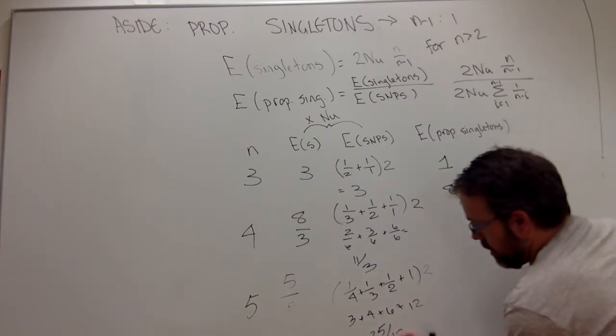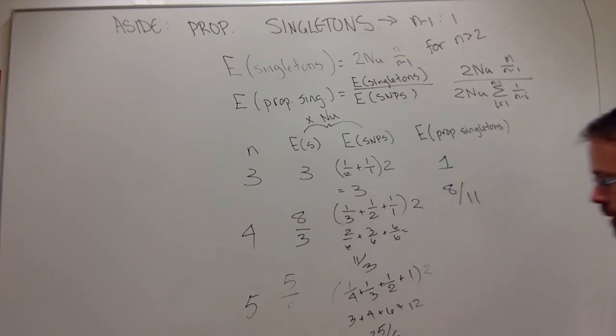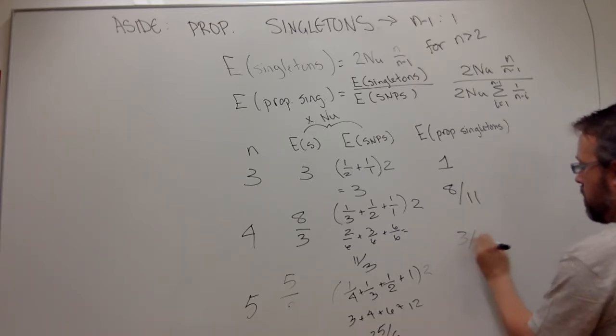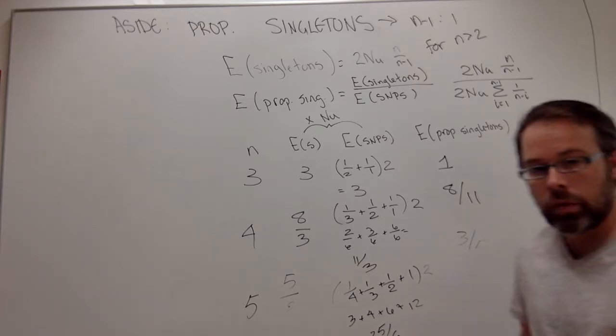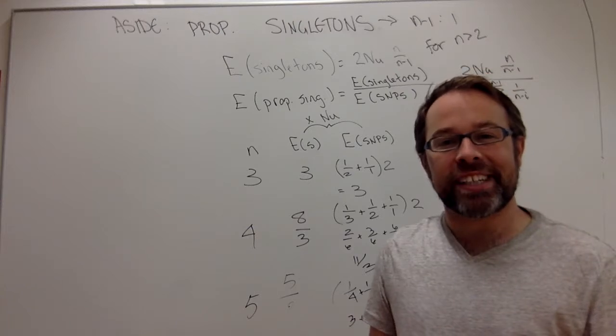Times 2 is 25 sixths. And so when we divide this by that, we get 3 fifths. And I think that's about as far as I can take it.